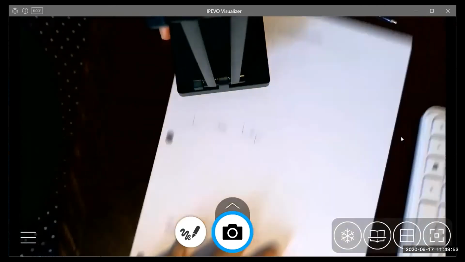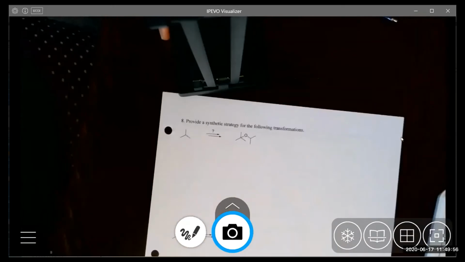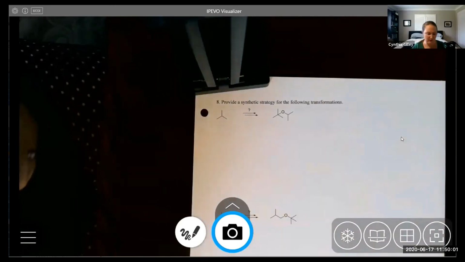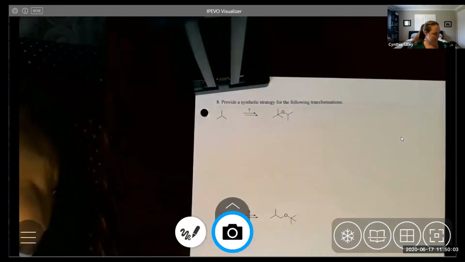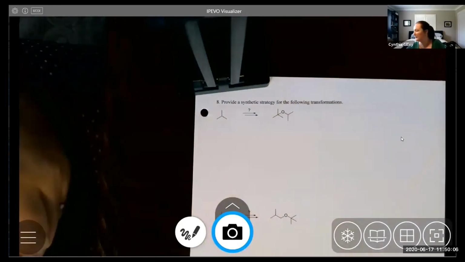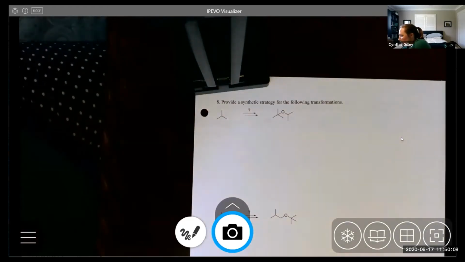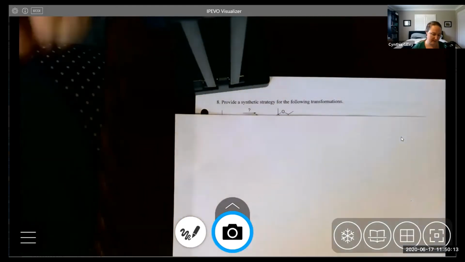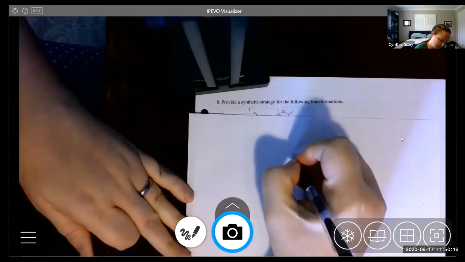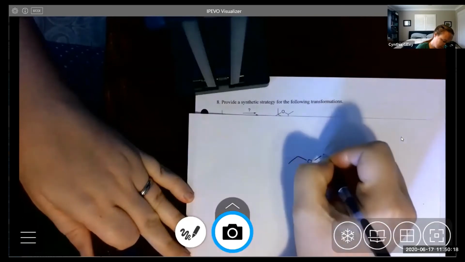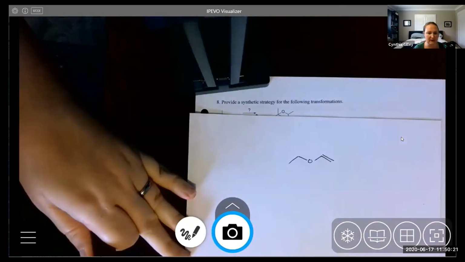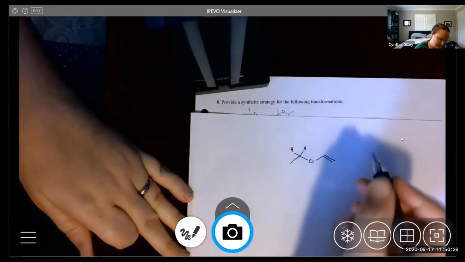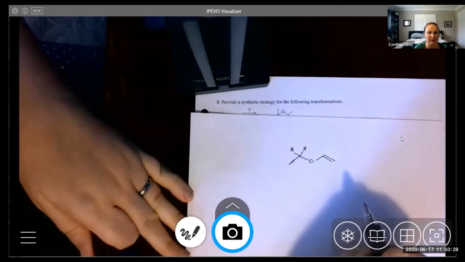I'm a little bit confused with identifying if the carbon is sp3 or not. Okay, yeah, so this carbon has 2 hydrogens attached, an oxygen, and then a methyl group.